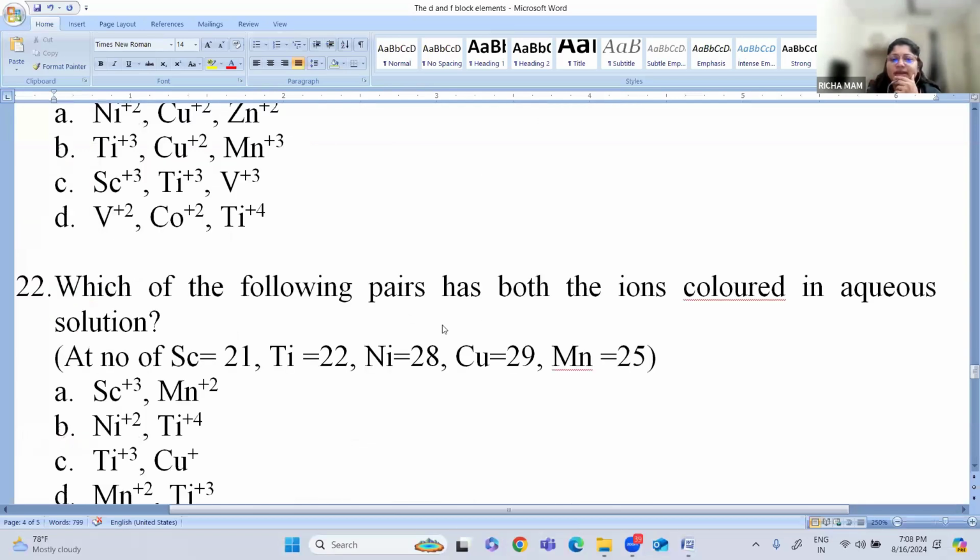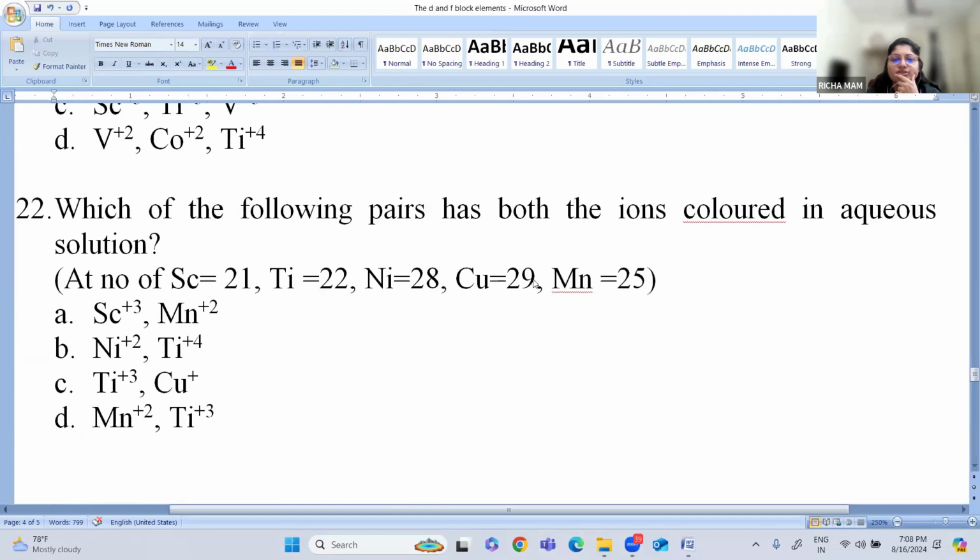Which of the following pairs has both the ions colored in aqueous solution? So atomic numbers are given of scandium, titanium, nickel, copper, and manganese.